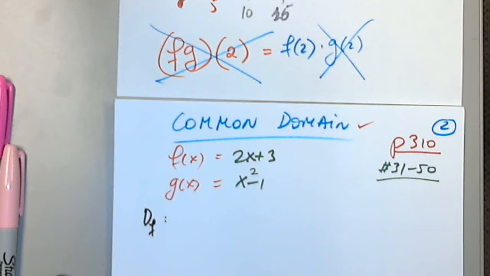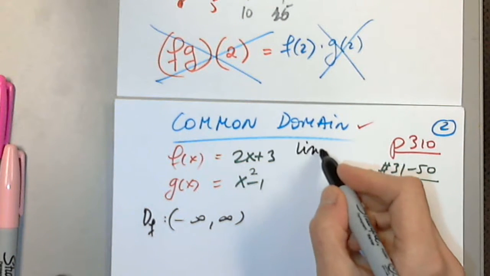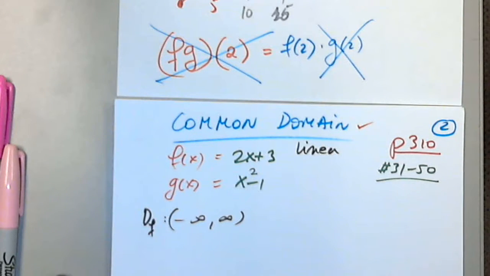So we want to find the domain of function f. Can anyone tell us what type of function f is? So we can identify it also. Perfect. This is a linear function. What about the second one, g?